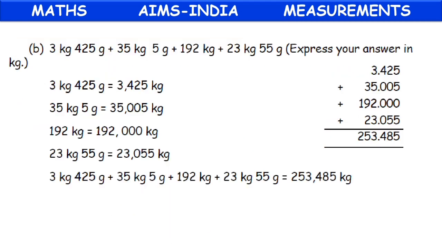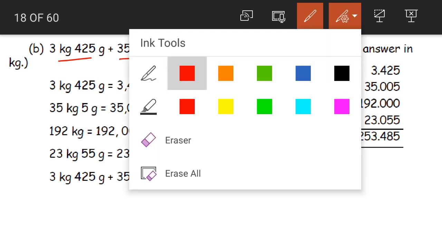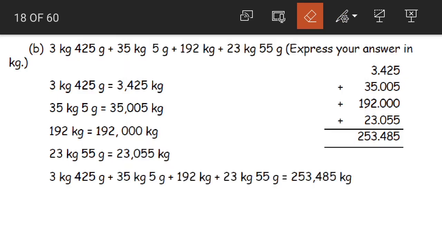Now let us look at another example here. This is a bit difficult. We are having how many? 1, 2, 3, 4. We are having 4 addends here. We have to add all these 4 together. Again, as we can see here, we have kilograms and grams, kilograms and grams, kilograms and grams.